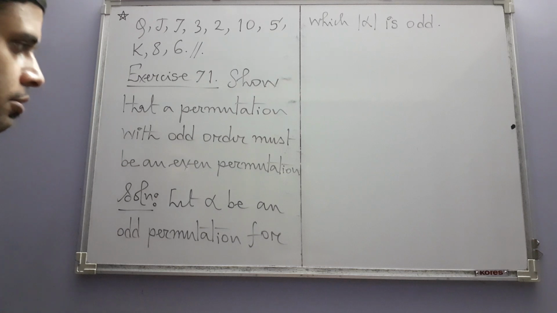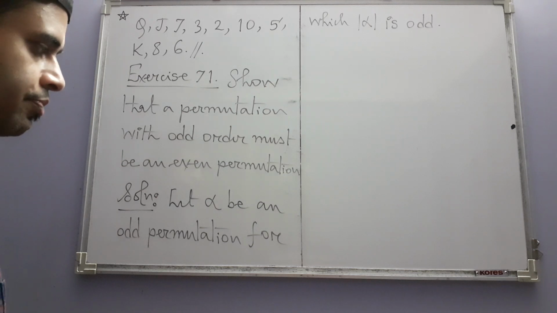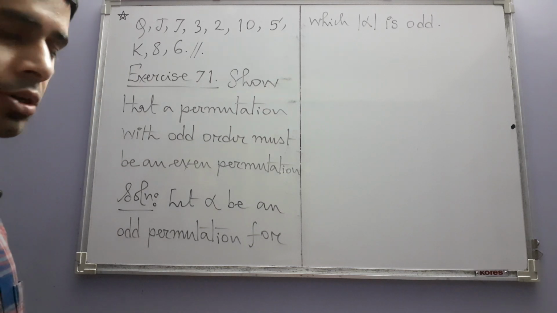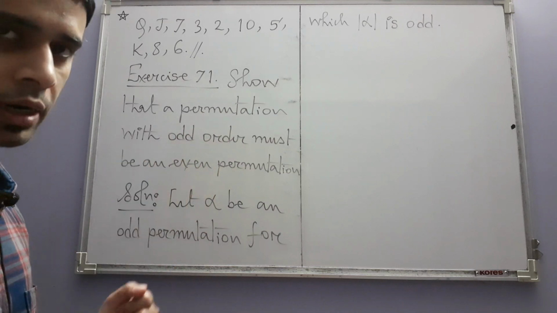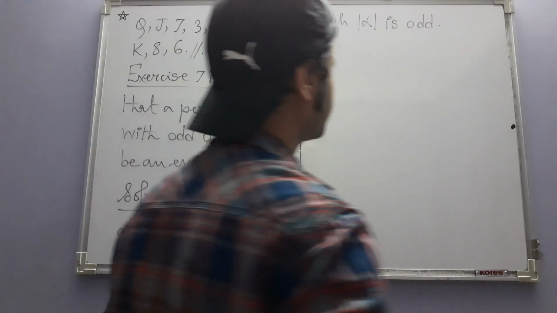Okay, so alpha is odd, but at the same time the order of alpha is also odd, contrary to what is being claimed in the question.